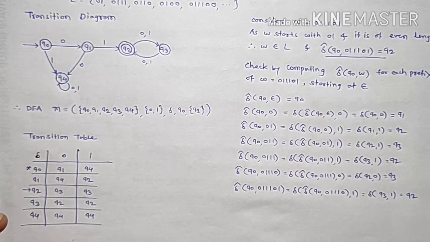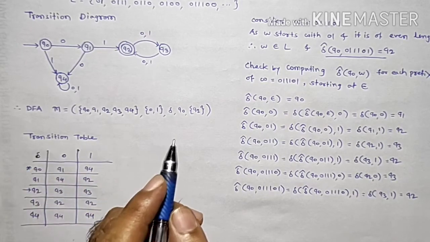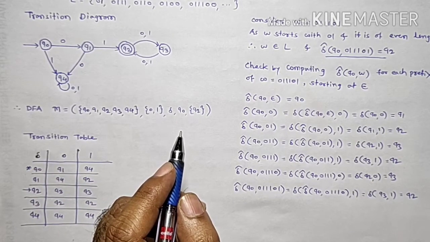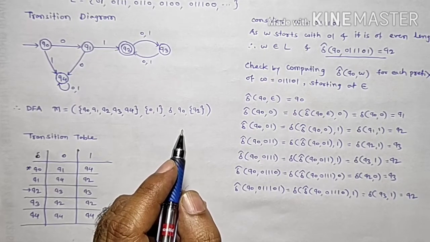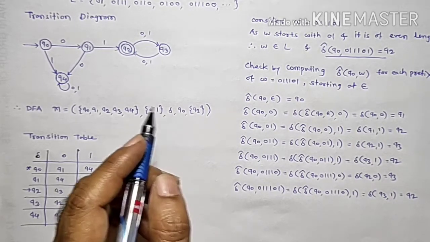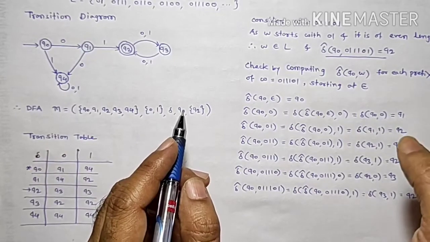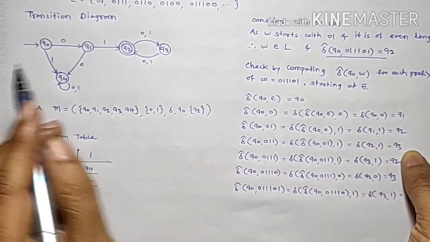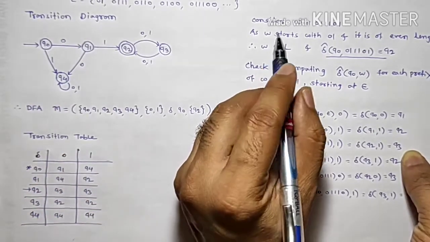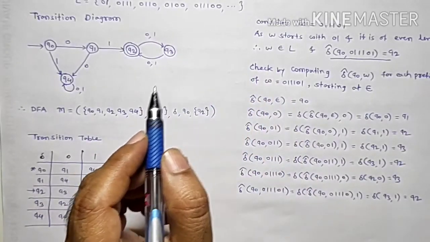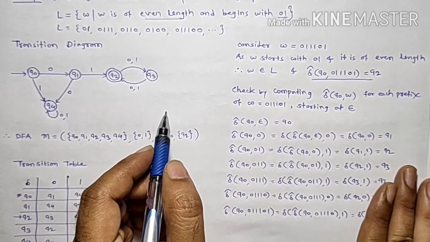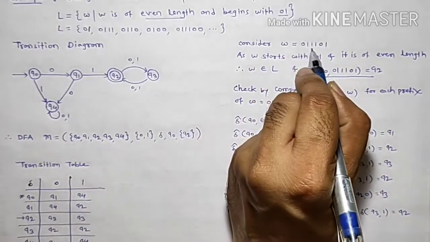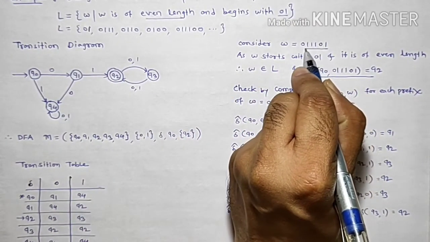Next we have to see the delta cap, that is the working of the extended transition function delta cap. Let us see it with the help of this DFA. Consider one of the strings, w equal to 0 1 1 0 1 0.